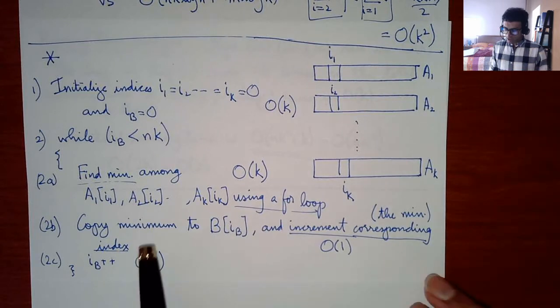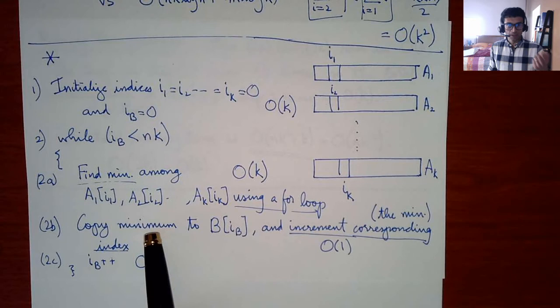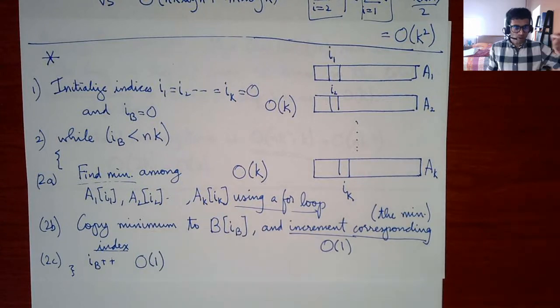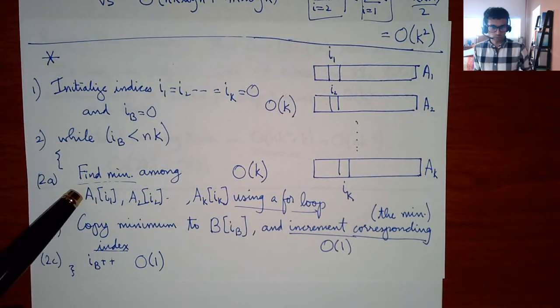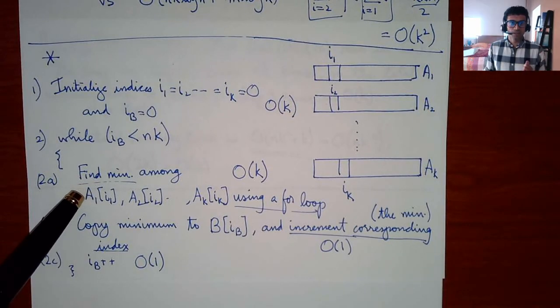Then what you need to do is an extract min. Now when you increment the corresponding index, you have to insert a new element into the heap. So getting the min is an extract min. You remove it and then you put a new element in the heap. So the first operation is just going to be an extract min.